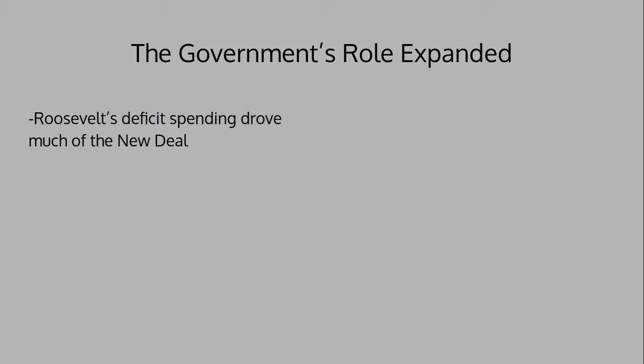A lot like if you take out loans for a car or a house, you have that product, but you're basically spending money that's not your own, and so you owe money back, and so you're in debt or you have a deficit on your hands, which is why it's called deficit spending. And so that's what's happening with the government when they do this in order to fund programs like under the New Deal.